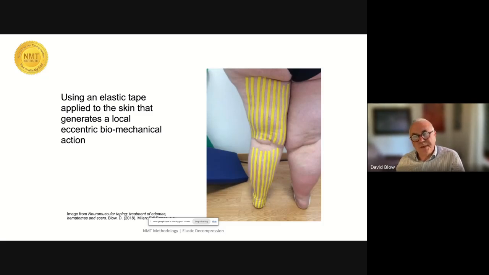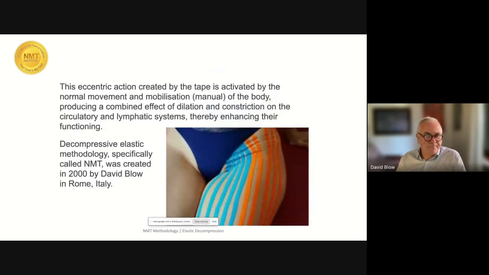So 50% means 1 centimeter tape, 1 centimeter distance. More volume, more strips. So the eccentric action created by the tape, which is then activated through normal movement or manual mobilization, is going to facilitate the dilation and constriction of the circulatory lymphatic system.